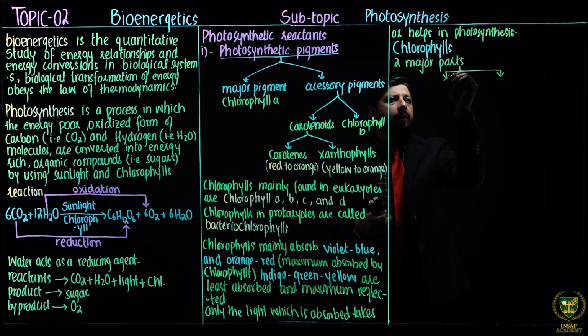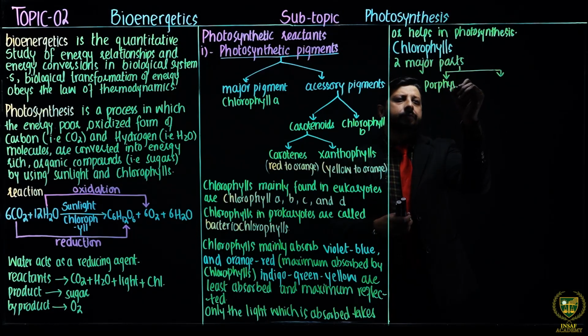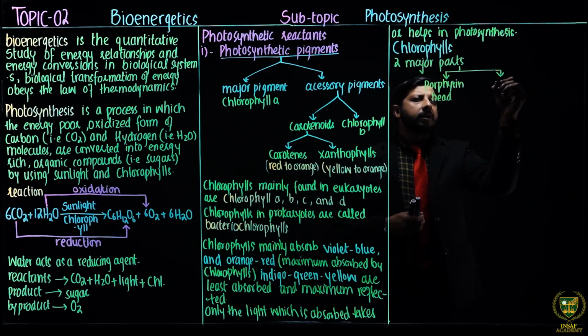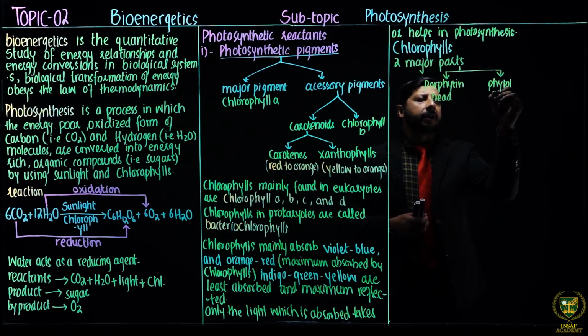Number one is the porphyrin head, and number two is the phytol tail.